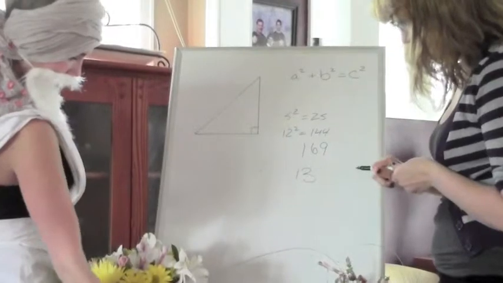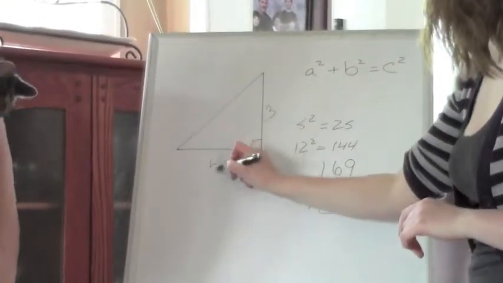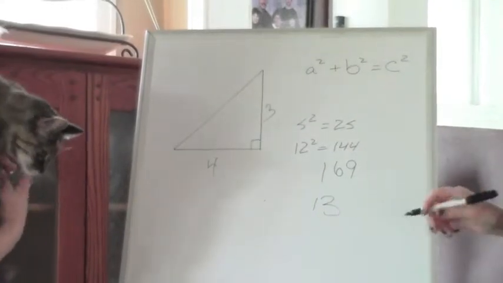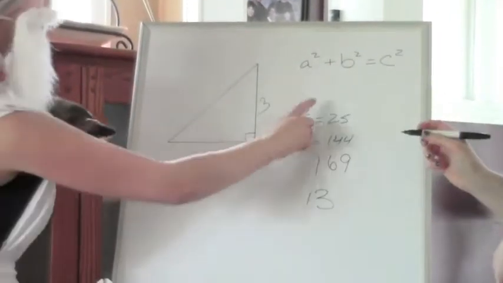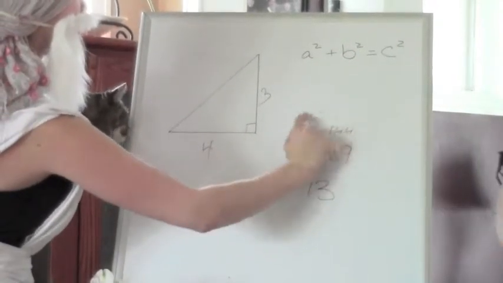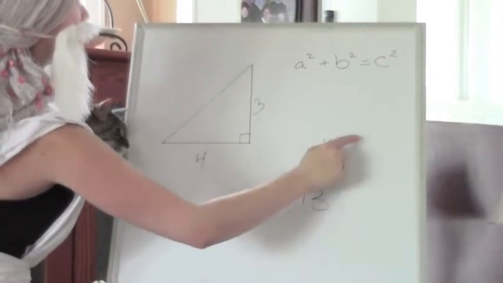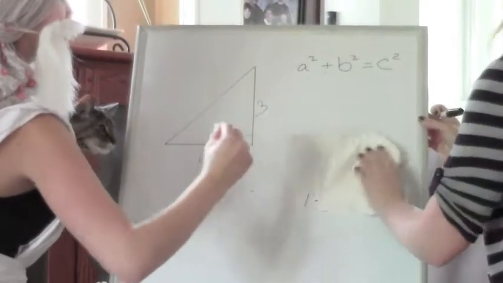No, 3 and 4. Get that one. Too hard. Okay. 3 and 4. Okay. So do you want that? Help you try. Sure.